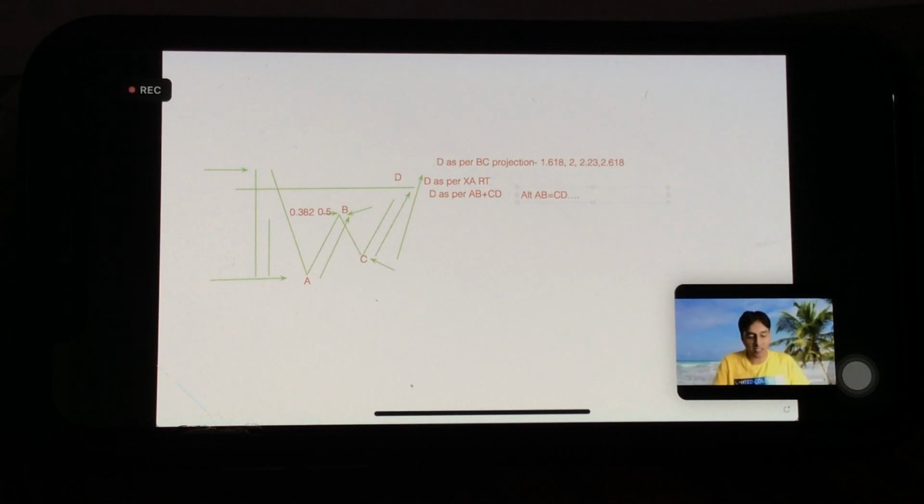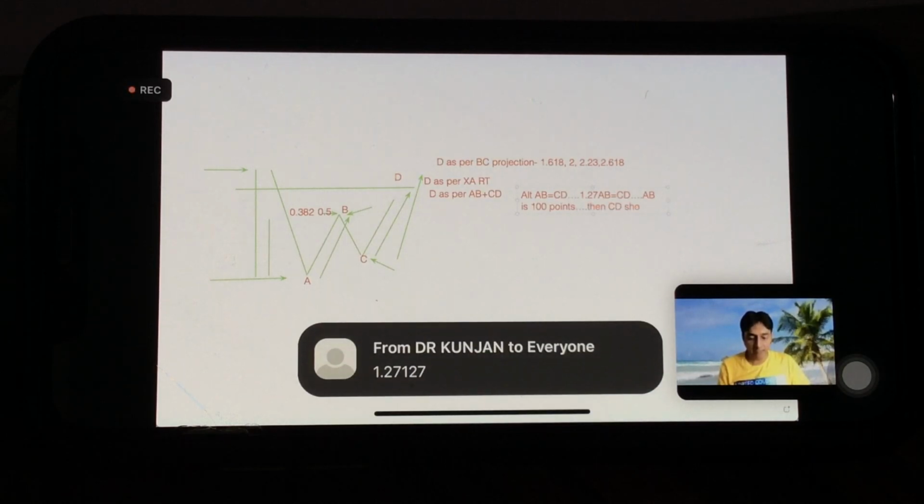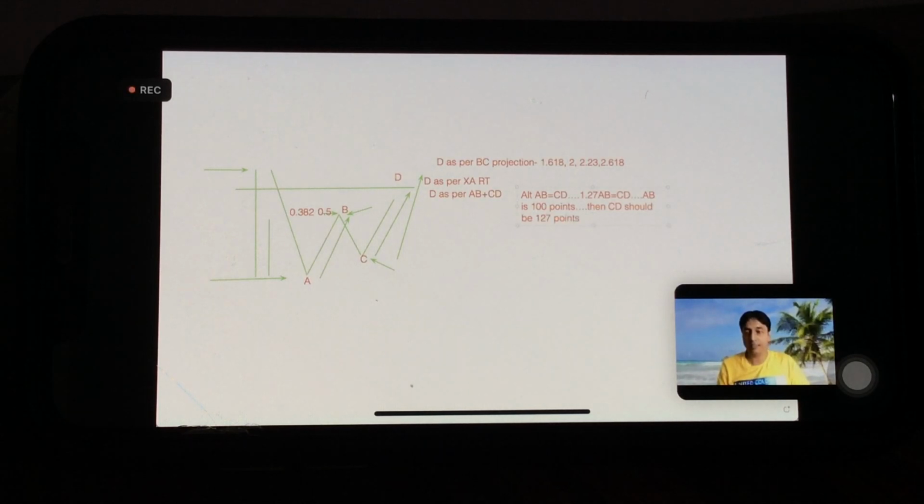First is 1.27 AB equal to CD. So, for example, if I consider that AB is 100 points, then CD should be 127 points, right?